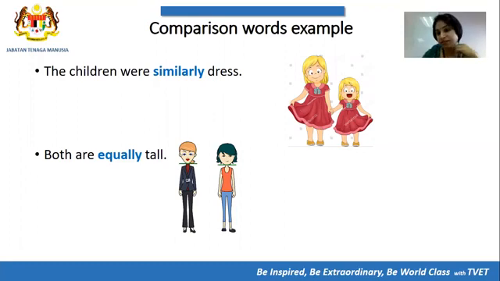If it is the same dress, so it is similar, therefore you can use comparison words by saying they're wearing similar dress. Next, another example here, "Both are equally tall." They are the same height, so you can compare them by using equally.